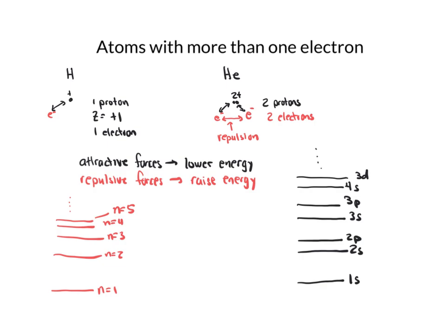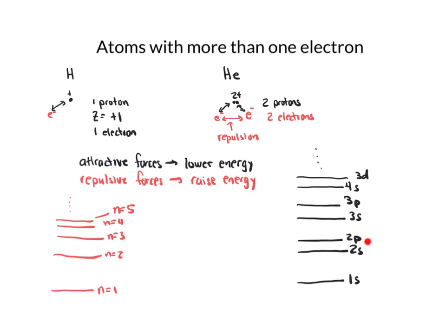So we have a mnemonic to help us remember what the order of those energy levels are. And remember that the reason that not all the n equals 2 levels are the same is because they have different shapes, and so the electron-electron repulsion is different when I'm in a spherical shape than when I'm in a dumbbell shape.